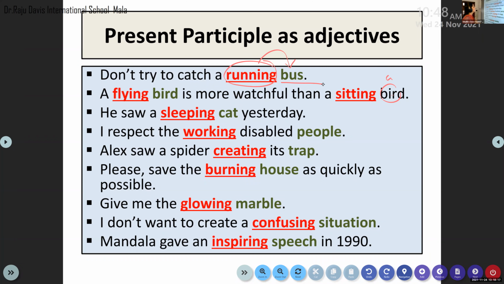See, he saw a sleeping cat yesterday. I did not upload these sentences on the website; only notes I have uploaded. So I request everybody to note these examples. Take your paper and add these examples in your notes. Yes, Pranav?